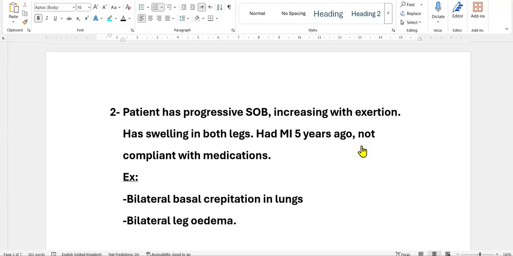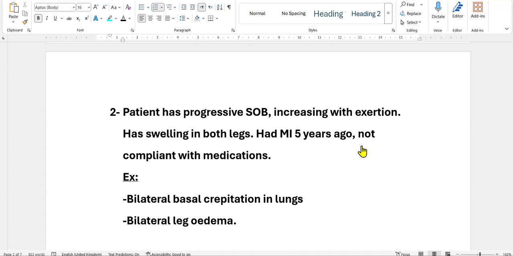Okay, you can also add, because it's weak, there is a fluid build-up in the body. When there is a fluid build-up in the body, your lungs will not be working very properly. So that's why you have this shortness of breath, and why you also have leg edema or leg swelling.